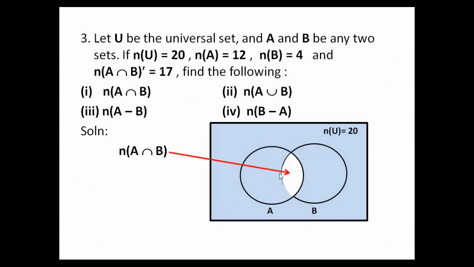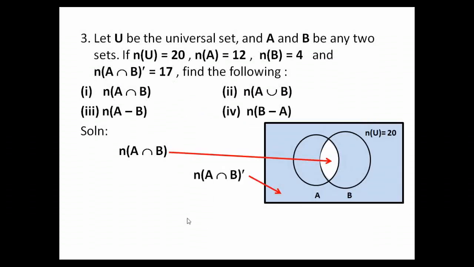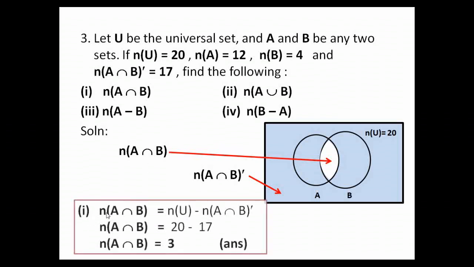So here we'll get the intersection region on subtracting the cardinal number of the A intersection B complement from the cardinal number of the universal set. So let's do it. n(A intersection B) will be equal to n(U) minus n(A intersection B complement).